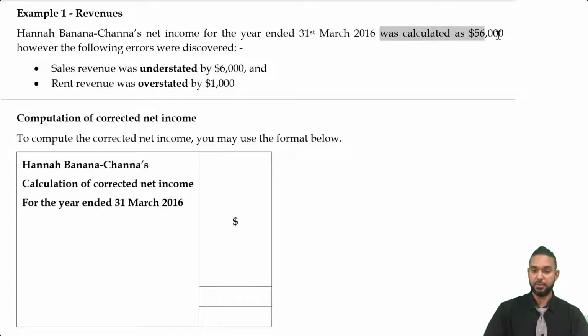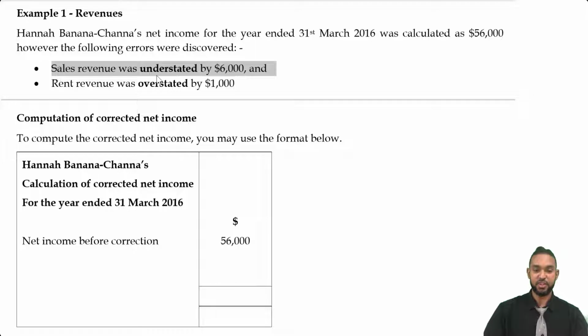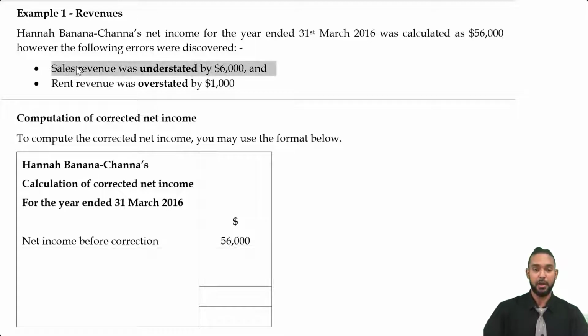So we're going to start off with our incorrect net income. That's 56,000. You can label that net income before correction or whatever you think makes sense. That is logical. Now, sales revenue is understated. What we are going to do is adjust this for the correction of this error. If sales revenue was understated, that means it was too low.